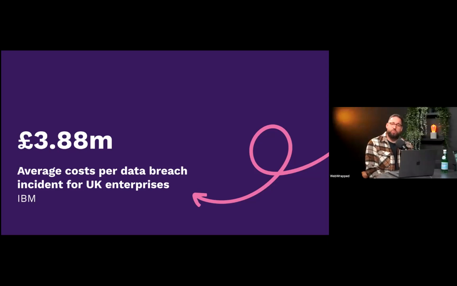I imagine it'll be somewhat smaller for SMEs and mid-market companies, but a data breach is a lot of work. You have to inform the regulators, you have to inform customers, you have to go through a whole series of processes to ensure that, A, it doesn't happen again. You investigate the cause and follow the ICO steps. But on top of the costs indicated on this slide, there is a 4% global turnover fine minimum that can be applied by the ICO in the event of a data breach.